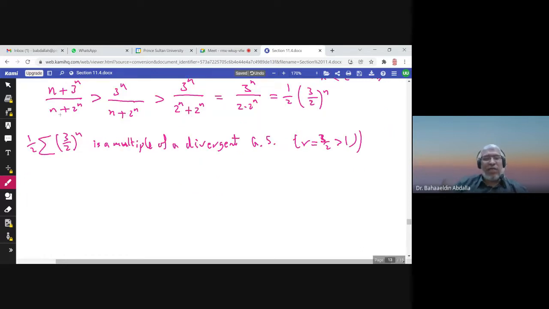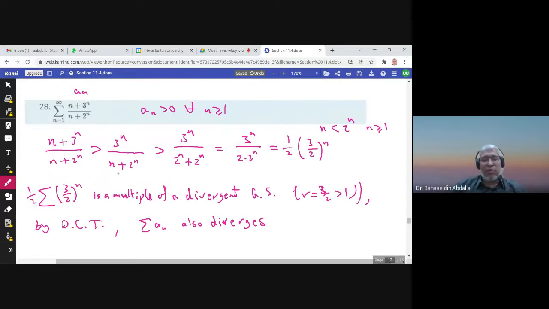And I proved that an is greater than bn, the terms are greater. So by direct comparison test, summation an also diverges. So this is another way, okay? You can replace n by 2 to the power n using this fact.